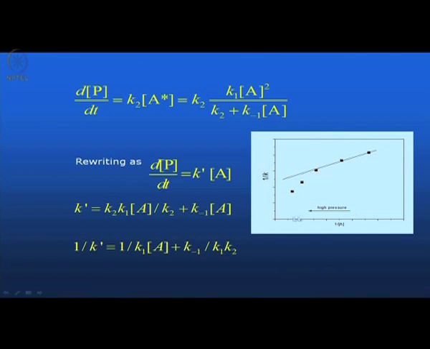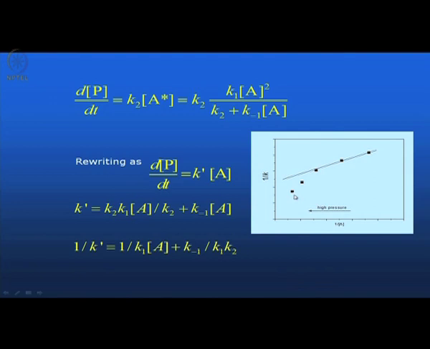So, this side is the high pressure side. Pressure increasing means 1 by A is decreasing, so this side is the low pressure side, and the high pressure side is the other way. In the low pressure region this is linear, but in the high pressure region it starts to deviate.